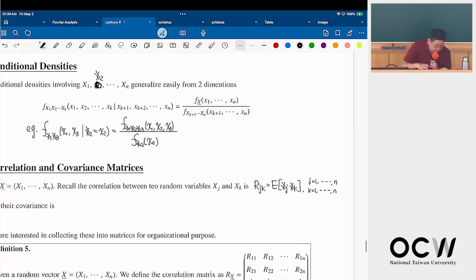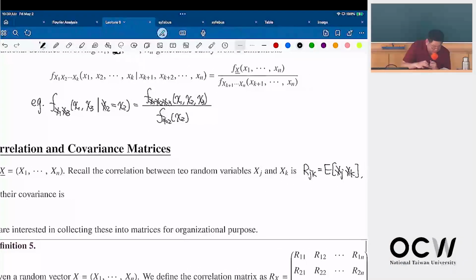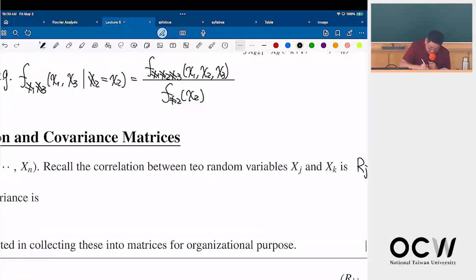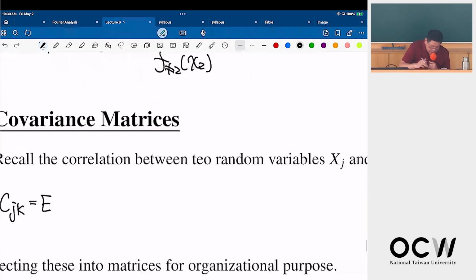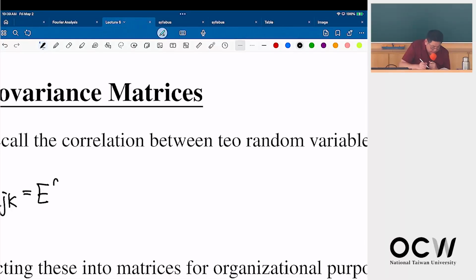And the covariance is the expectation of xj minus the mean, times xk minus the mean.